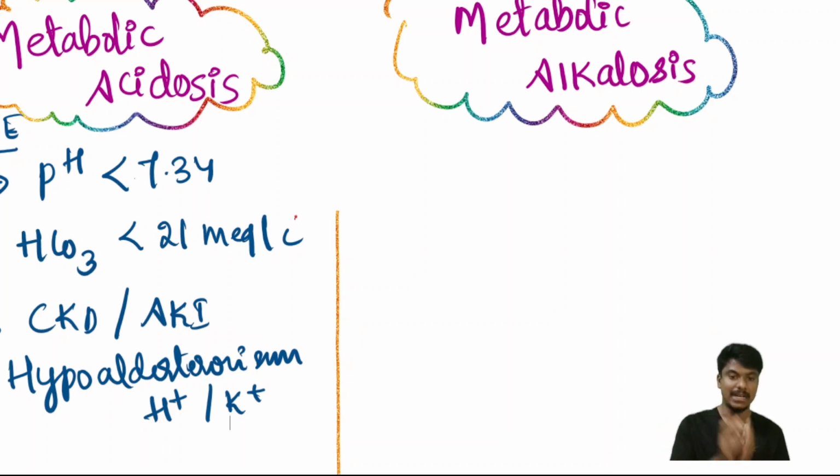So there will be acidosis and hyperkalemia in case of CKD and AKI. A CKD patient will always have hyperkalemia. That's why we give sodium polystyrene, potassium binders, and insulin with 25% dextrose. Those are the correction methods for hyperkalemia. But in acidosis, we have to alkalinize the patient.